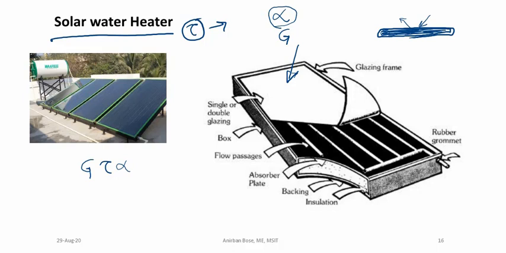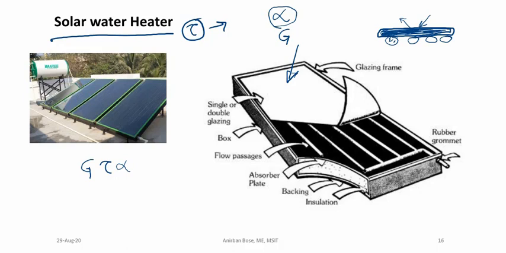then this is the amount of energy that will be absorbed in the black coated plate. Now you see that there are small tubes which are in contact with the plate. So definitely heat will be transferred from that black plate to the water which is flowing through these tubes.